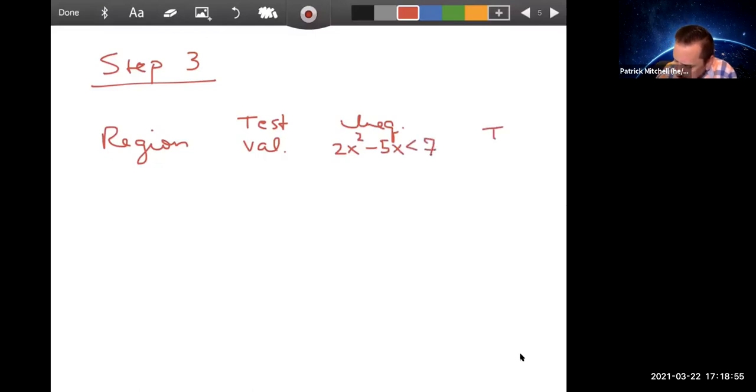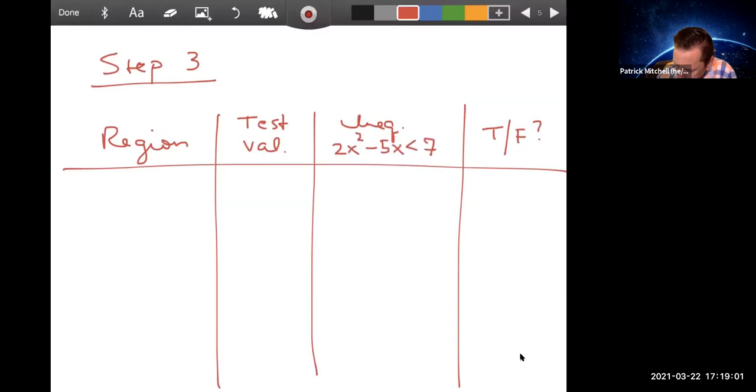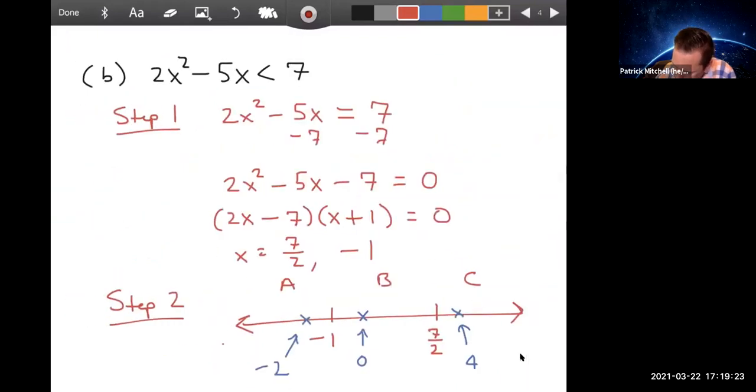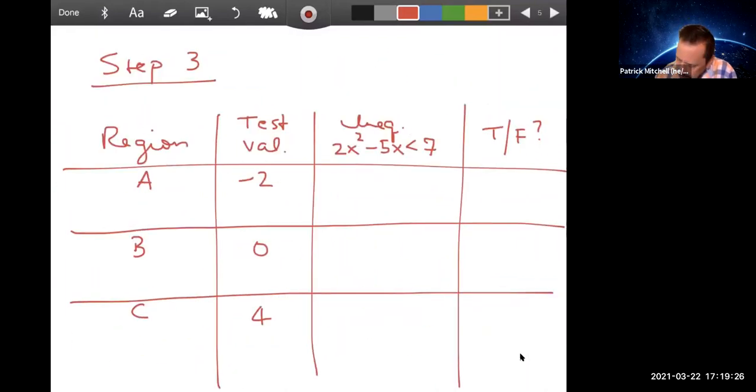And then we ask ourselves, is that true or false? All right. The test values we picked were negative 2, 0, and 4, right? Yes. All right, here we go.